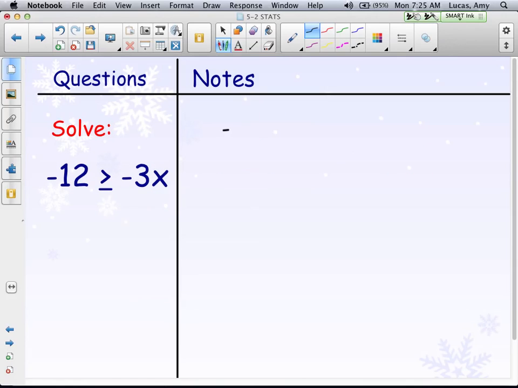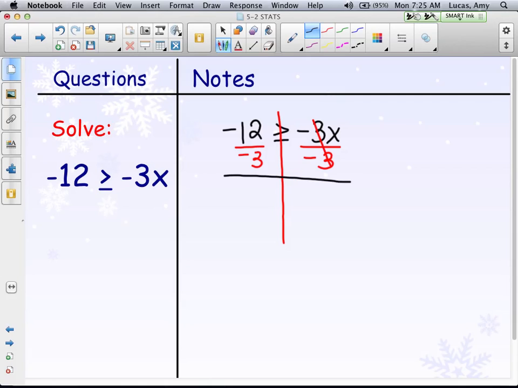This next one, I've got negative 12 is greater than or equal to negative 3x. So I'm going to divide both sides by negative 3 because that's what's in front of my x. I want to get the x by itself. So I bring down my x, and negative 12 divided by negative 3 is 4.